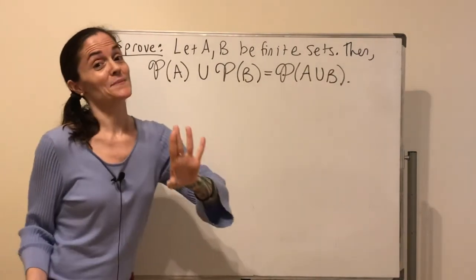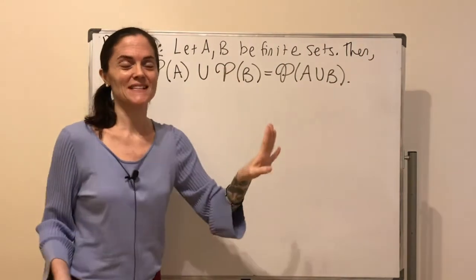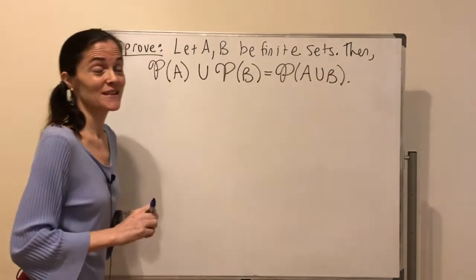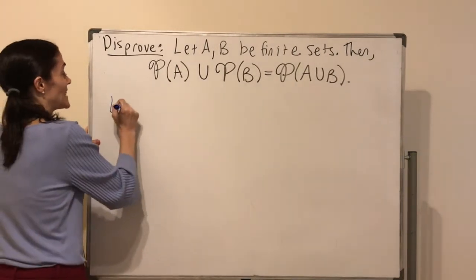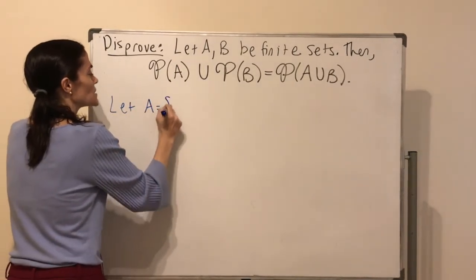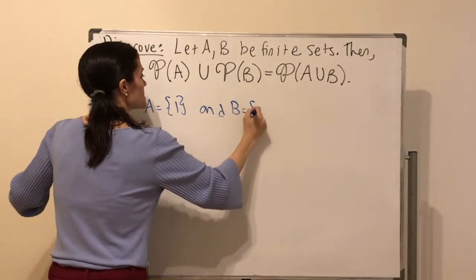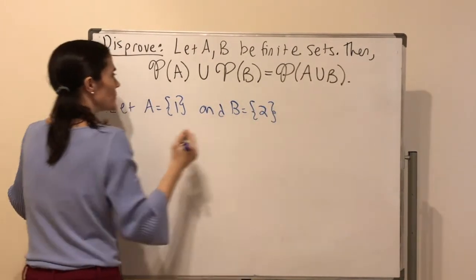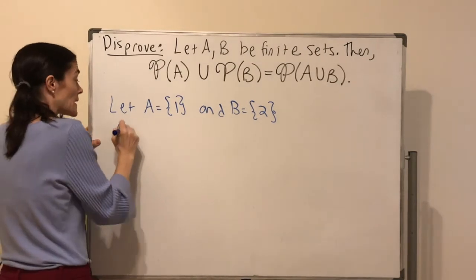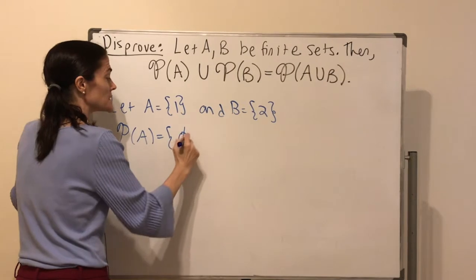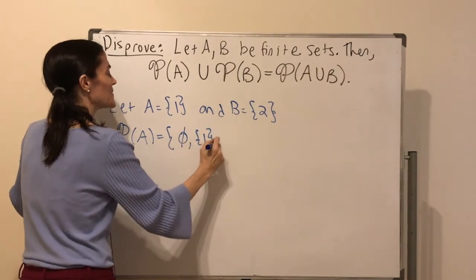Maybe not using the empty set, but the next simplest example I can imagine, and that is where A and B have both just one element. And let's see what happens. So let's let A be the set containing 1 and B be the set containing 2. Okay, I can write out the power set of A, because this will have the empty set and the set containing 1.